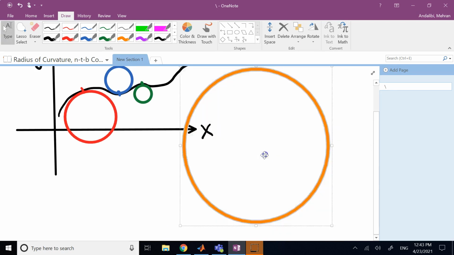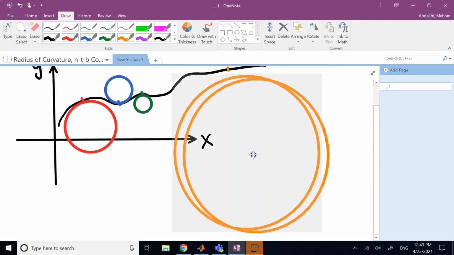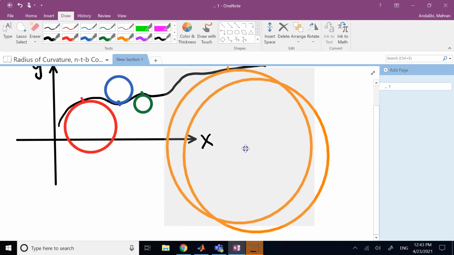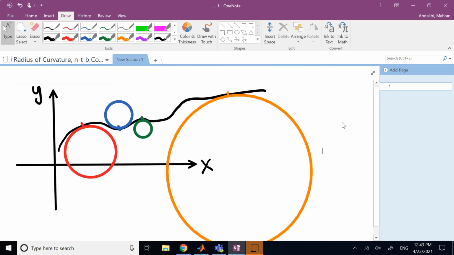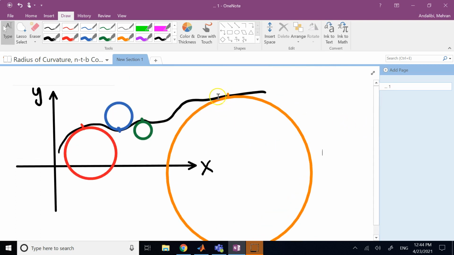Okay, this is called the radius of curvature, the radius of a tangent circle. And locally, you can say that a straight line is a circle, but the radius of that circle is what? Infinite. So now the question is this: how can I calculate this radius?